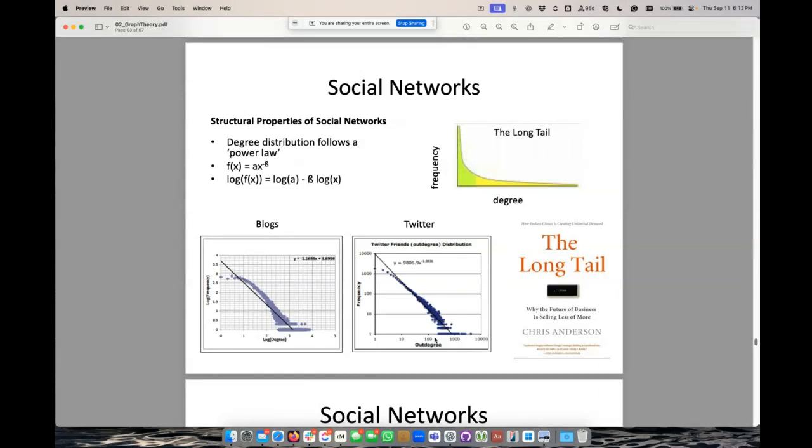Meaning the 80-20 rule, or in the social network context, you will see there are more people who are less connected than some people who are very widely or very popularly connected, right? Those are sort of the short heads, and the people who are very sparsely connected are in the long tail.